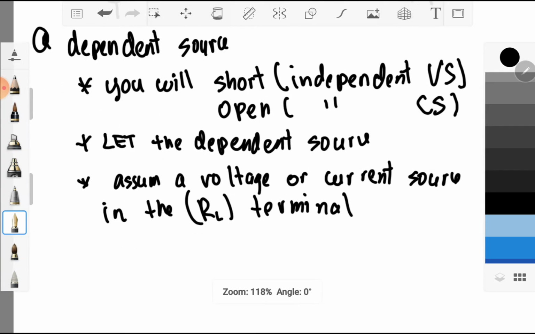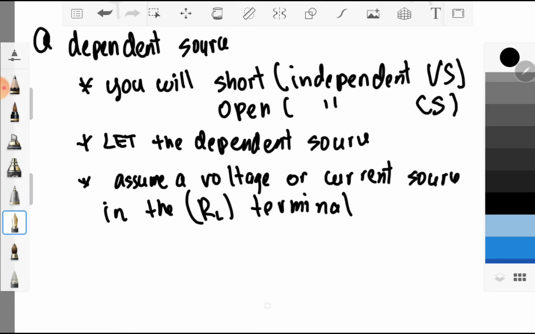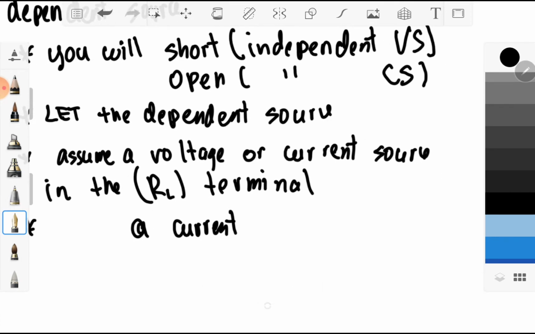Then perform. After getting the value, pag current source yan, so at current source, ang linagay mo sa terminal ng RL mo, so therefore find the value of Vs, or the voltage among the terminals with the dependent source.